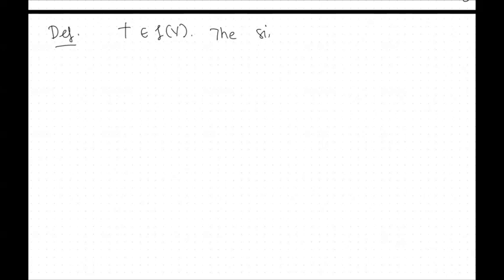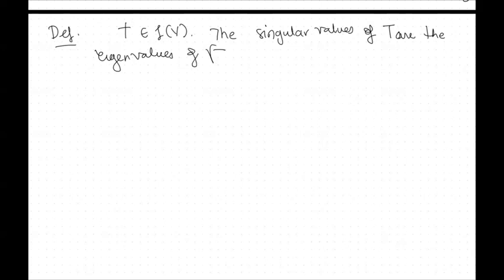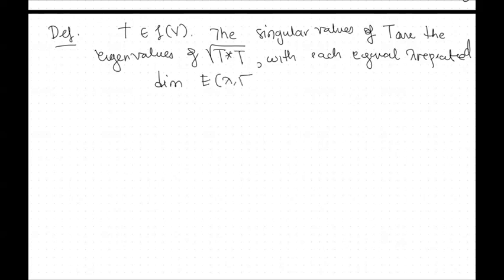The singular values of T are the eigenvalues of the square root of T star T, with each eigenvalue lambda repeated dimension of E lambda times.